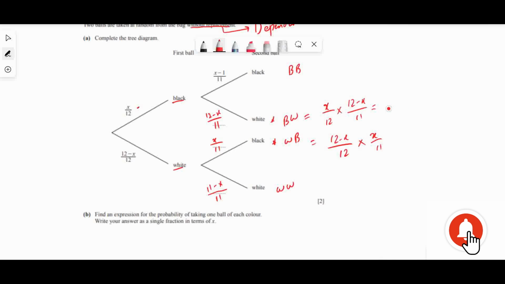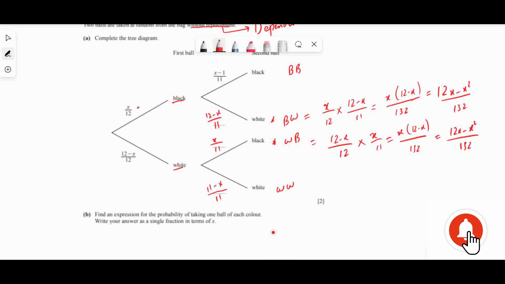We can write it as 132 into x into (12 minus x). Now if we simplify it further, 12x minus x square whole is divided by 132, and at the end we have to add them.